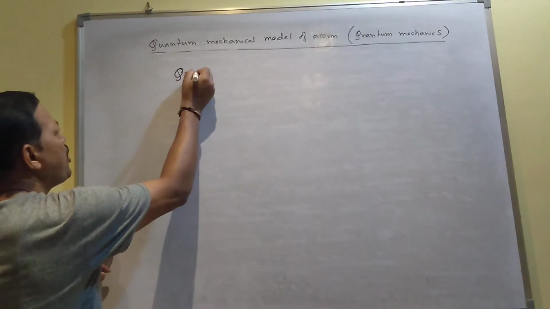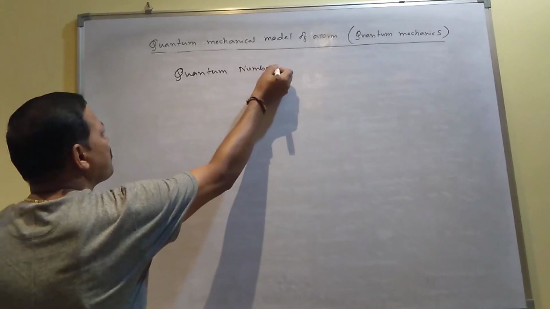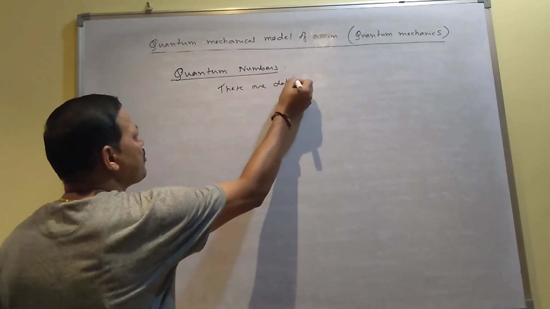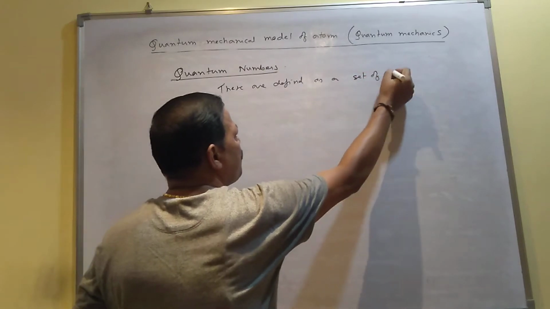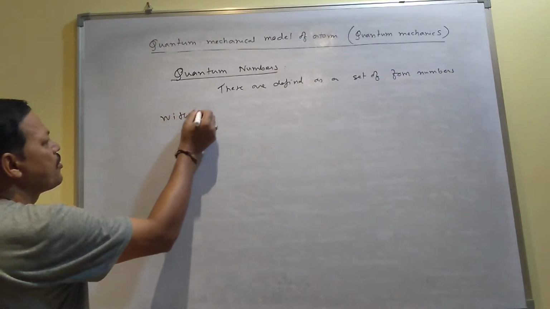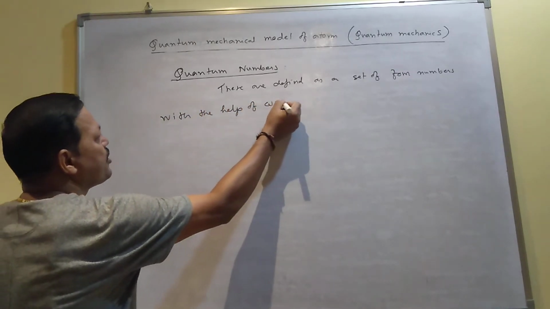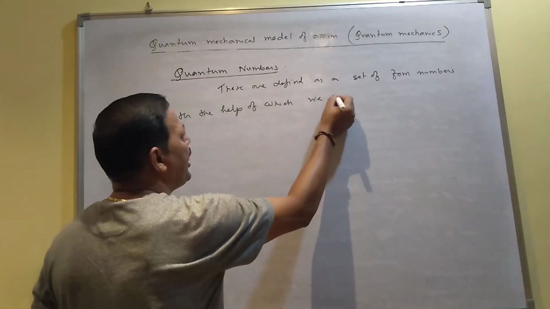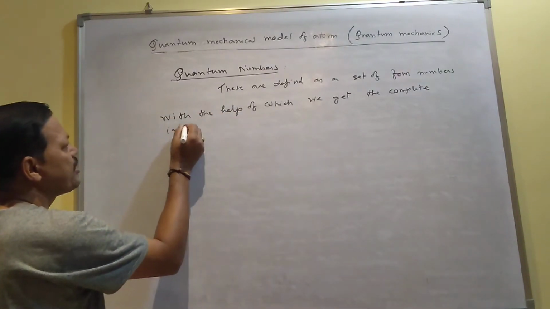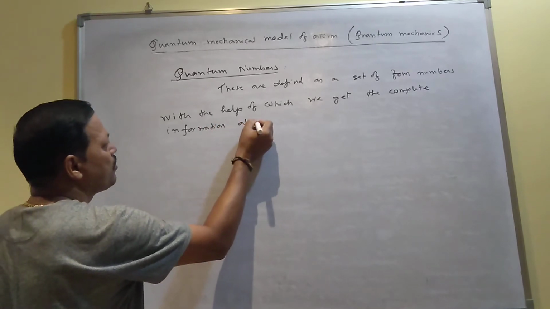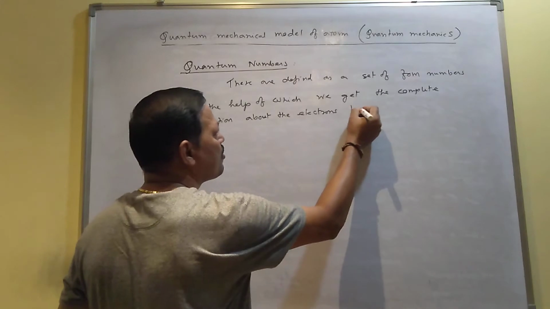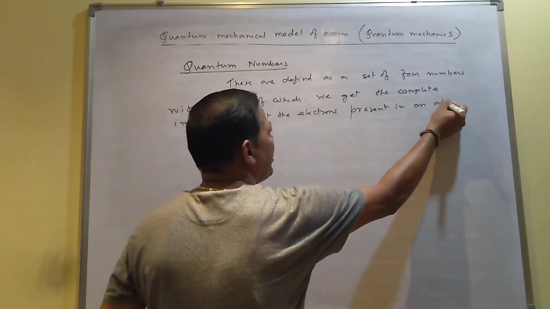So now the quantum numbers. These are defined as a set of 4 numbers with the help of which we get the complete information about the electrons present in an atom.